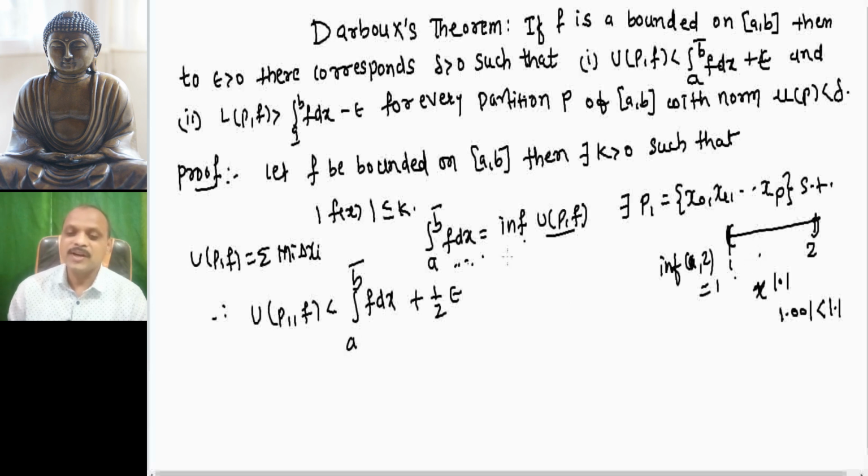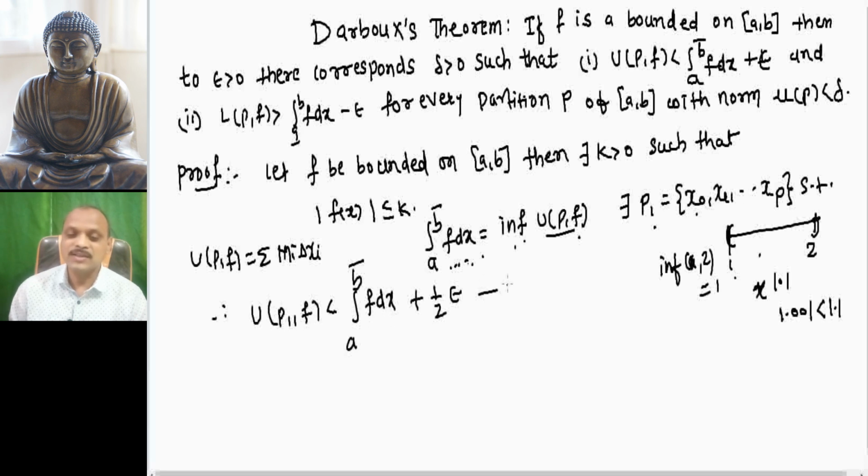If this upper integral is an infimum of this upper sum, then there must exist at least one partition P1 such that x0, x1, x2, ..., xp, where UP1f is less than the upper integral plus 1 by 2 epsilon.